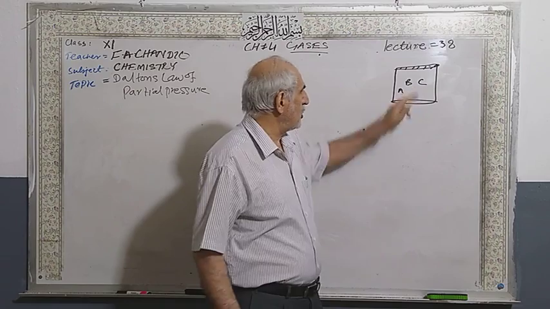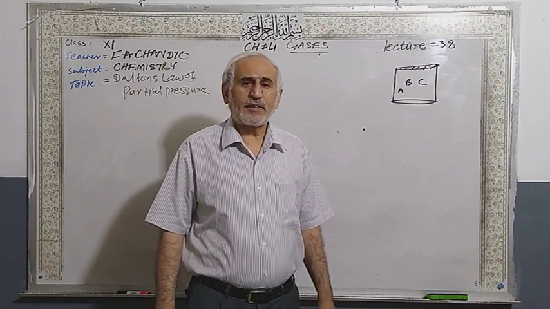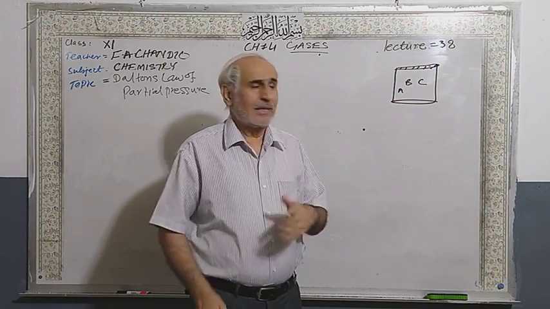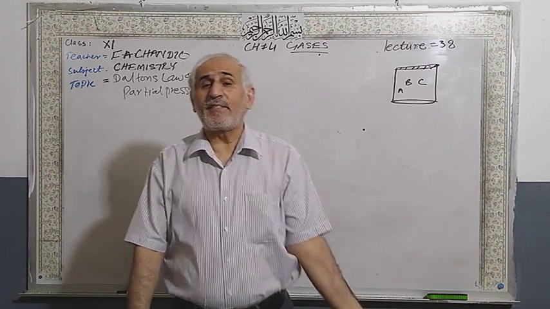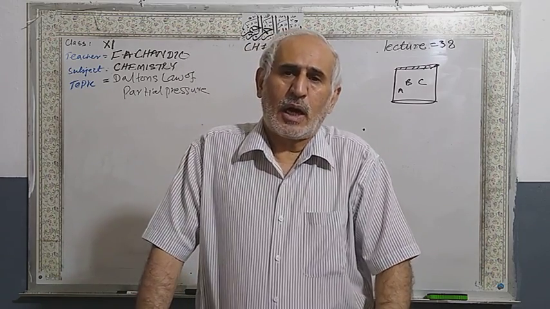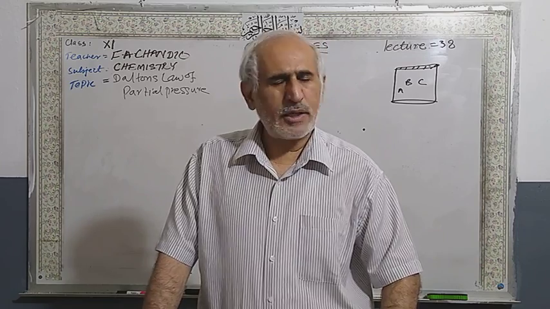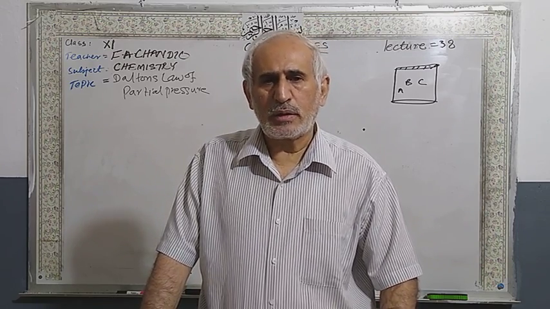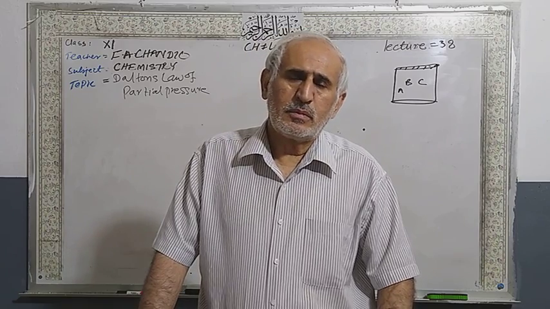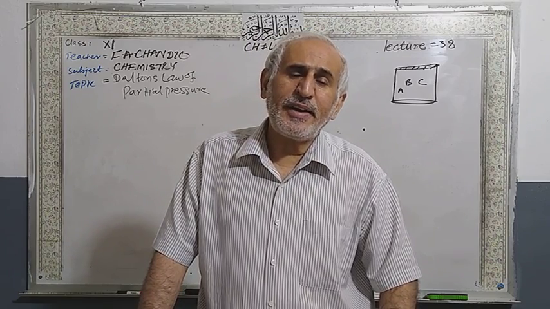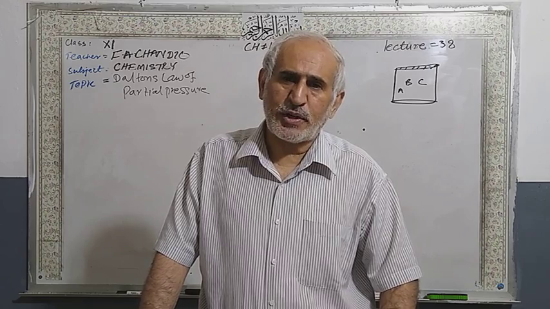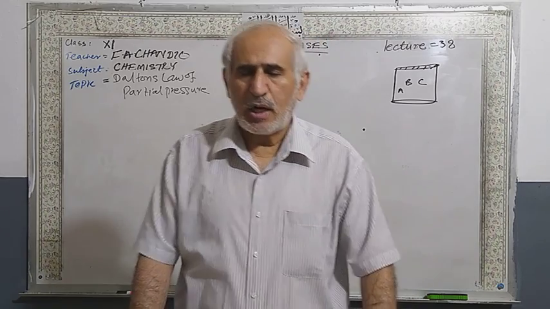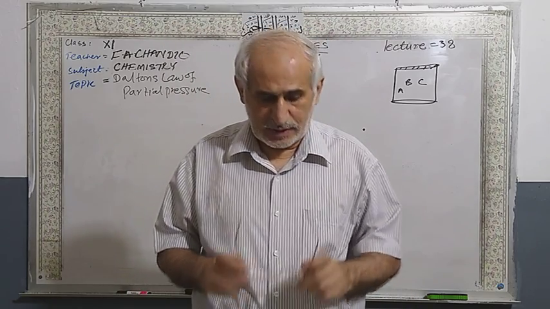These gases should not react with each other. Non-reactive gases. Hydrogen and oxygen, they don't react. Helium, neon, argon, nitrogen. Non-reactive gases, because we are talking about the physical behavior of the gases.